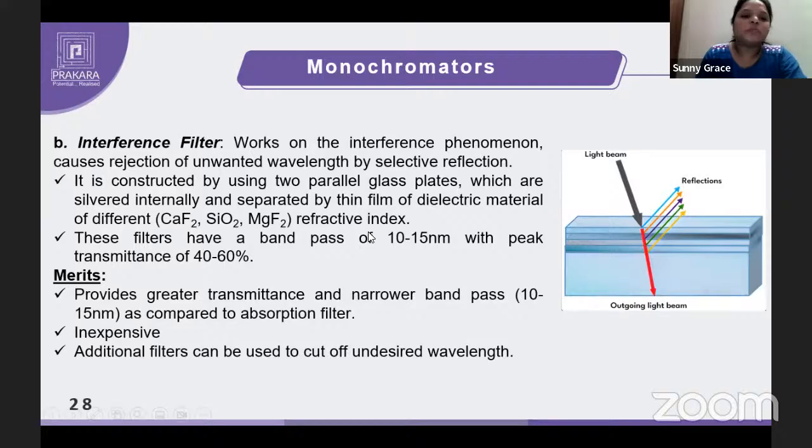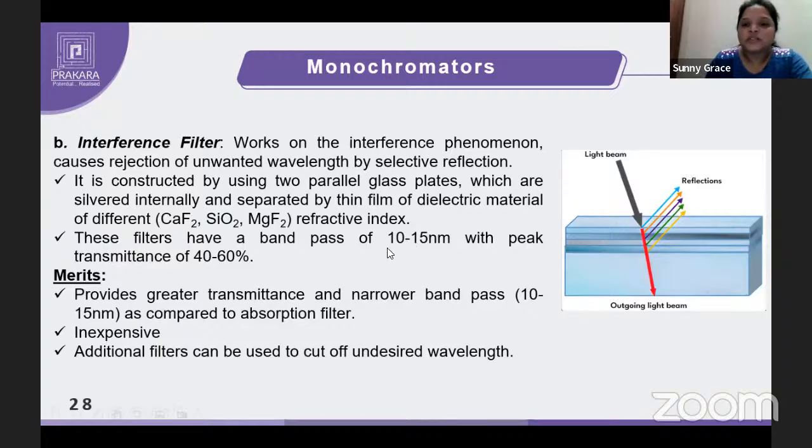Coming to the band pass, it tells us how many nanometers of difference will be seen. For example, in the absorbance filter you have 30 nanometers, so the band pass is very high compared to the interference filter.